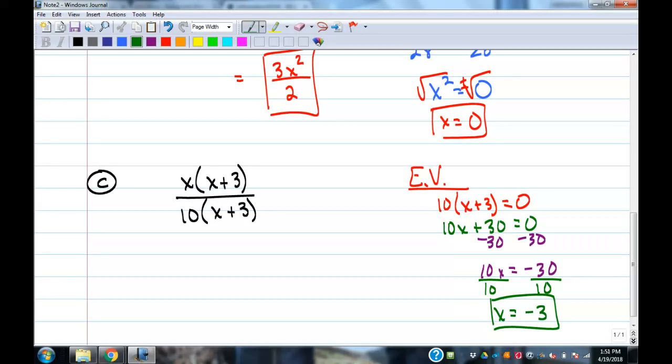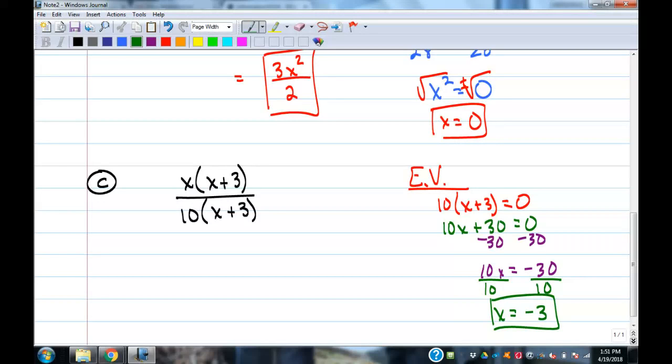Now, the next thing to do is look at your factors. Y'all remember us factoring for about a month and a half. These are already in factored form. It's like they pulled out a greatest common factor of x, and you got x times x plus 3. And in this one, they pulled out the greatest common factor of 10, and you got 10 and x plus 3.